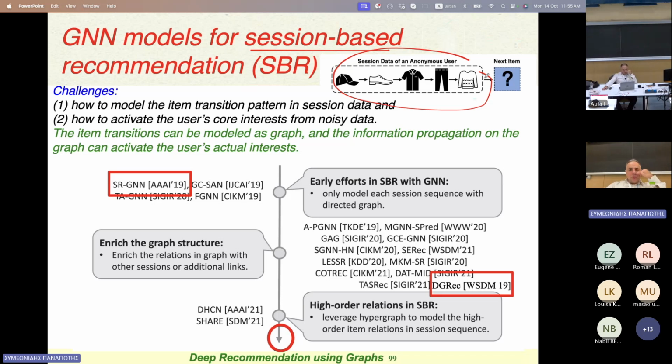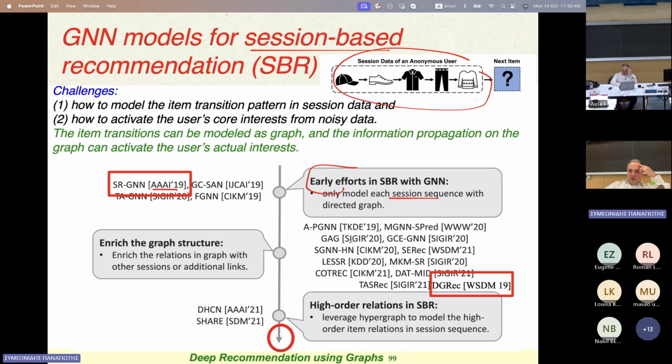Here we can see some works, early efforts like SR-GNN, AAAI 19, which only models each session sequence with a directed graph.